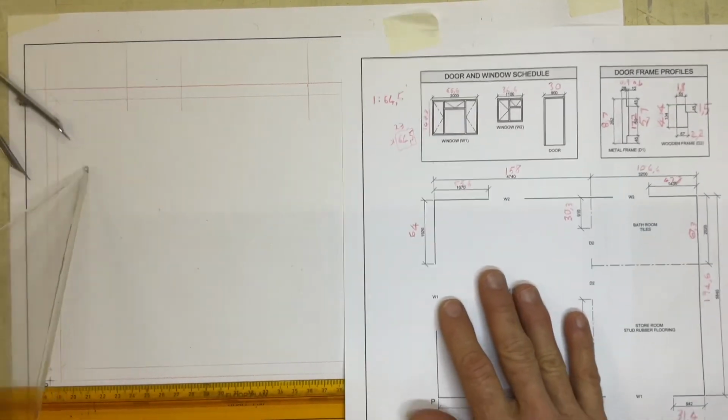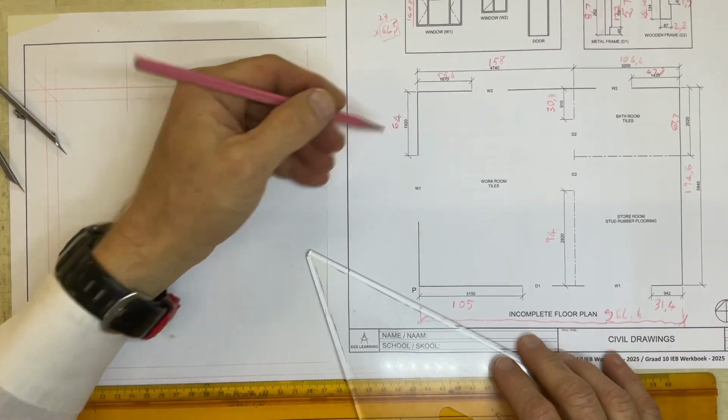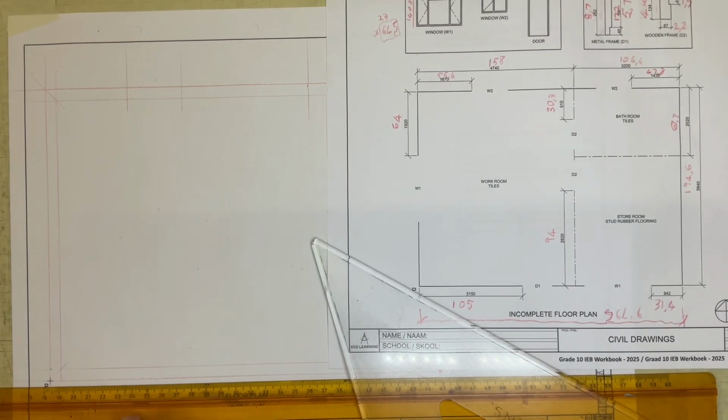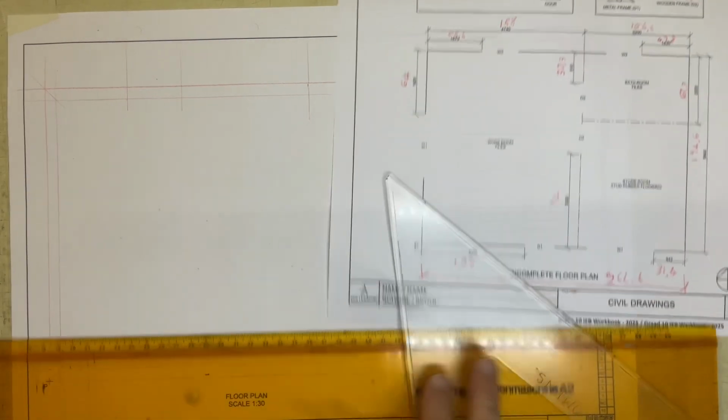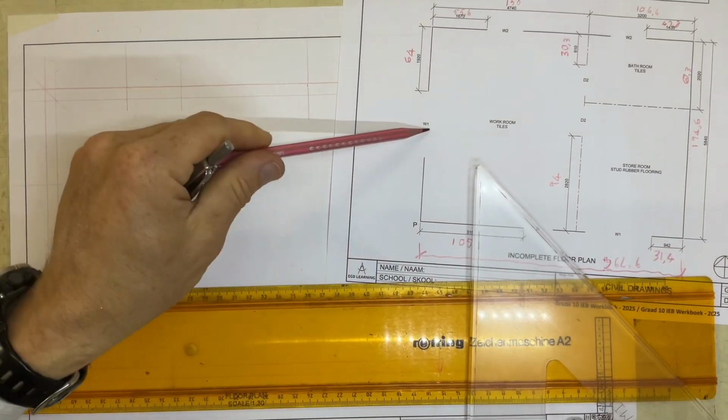Right, all construction lines. Over here it says 1920, that's 64 millimeters. Take that 64 millimeters, knock that in over there from the external wall, and draw a line coming out over there.